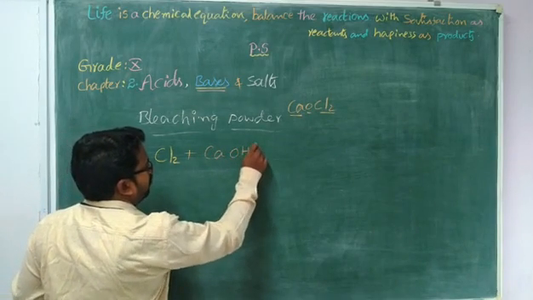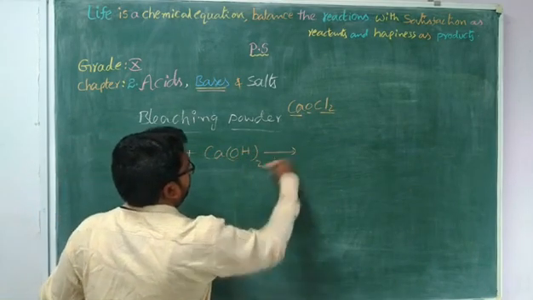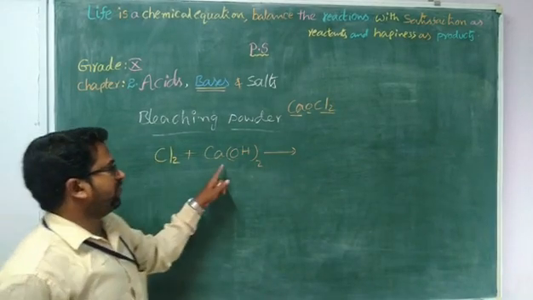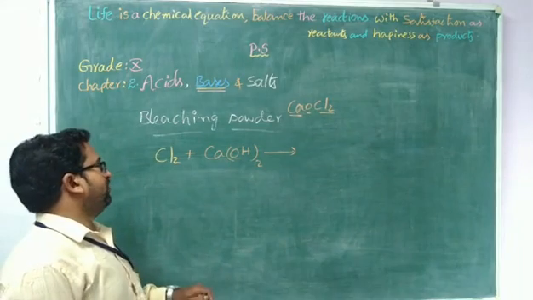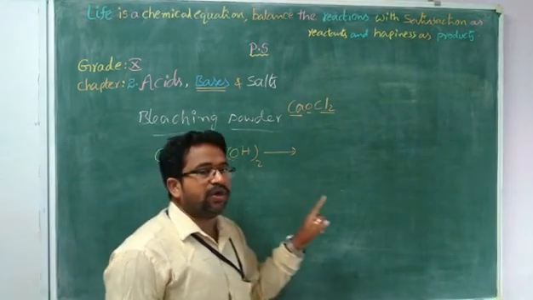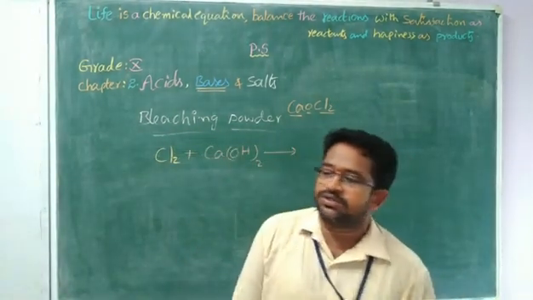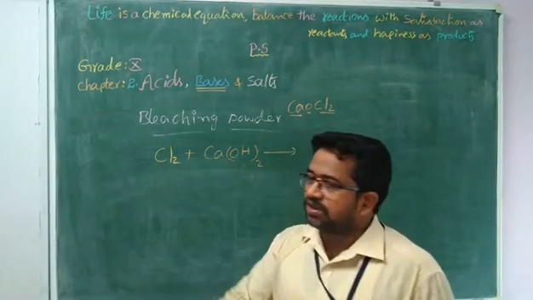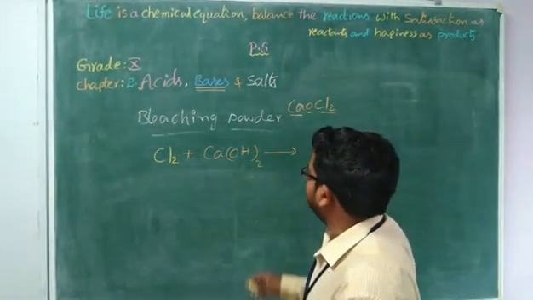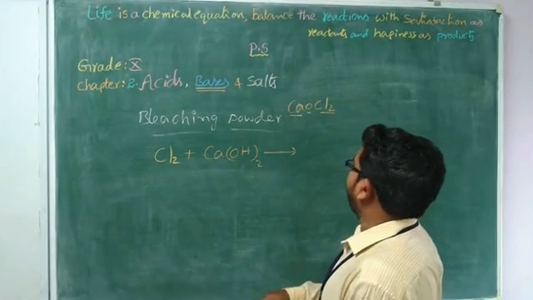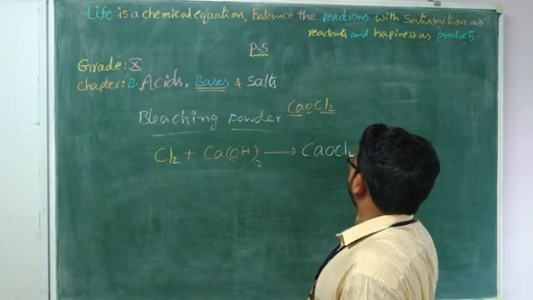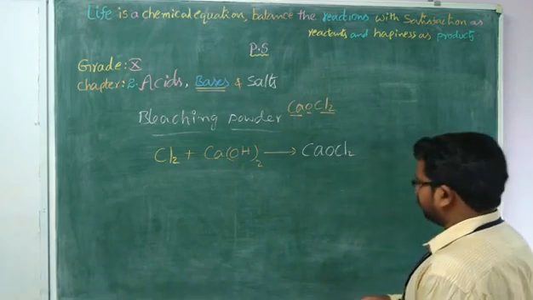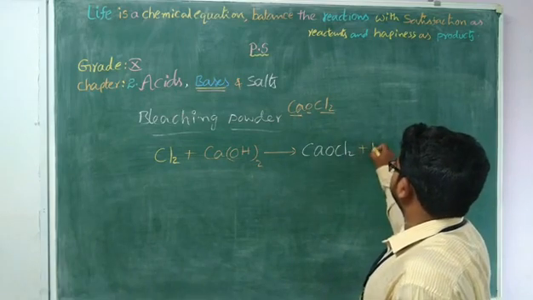Calcium hydroxide. What type of calcium hydroxide? Dry calcium hydroxide you have to take. When this chlorine reacts with dry calcium hydroxide, you get bleaching powder, CaOCl2. Of course, water will also form.